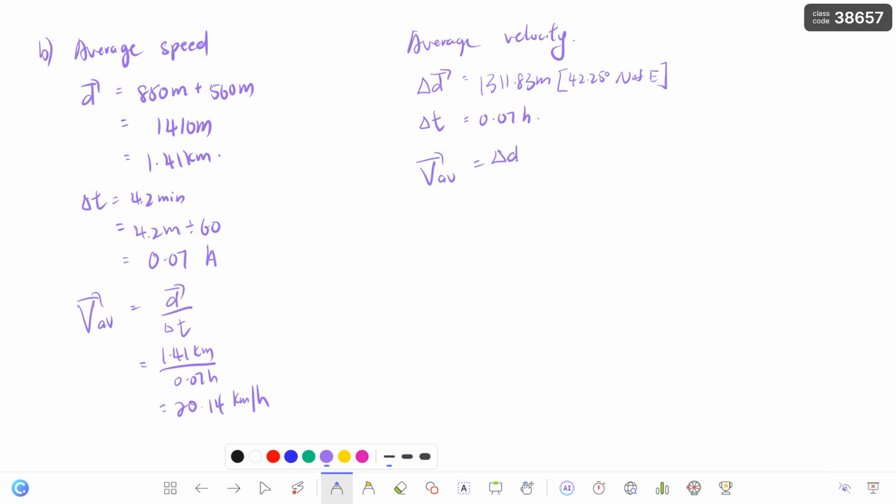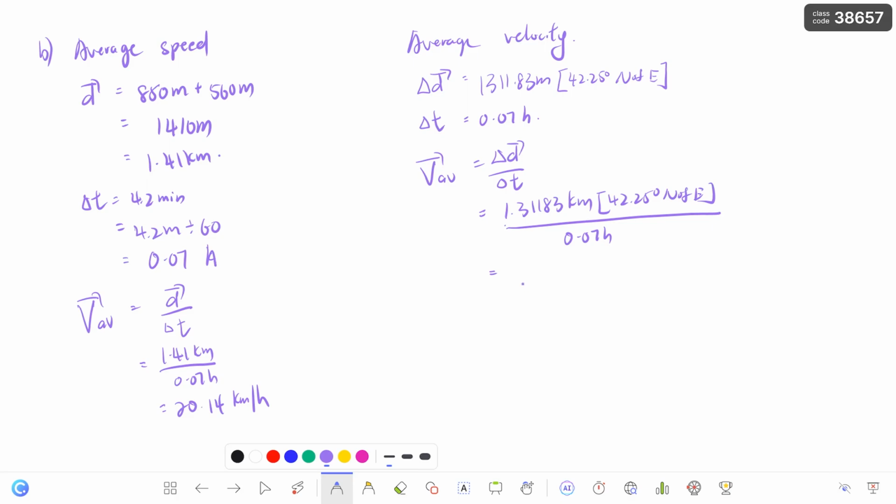And we apply the formula. The average velocity is equal to the displacement divided by the time. If we convert the displacement into km, it should be 1.31183 km, 42.25 degree north of east, divided by the time taken, 0.07 hour.